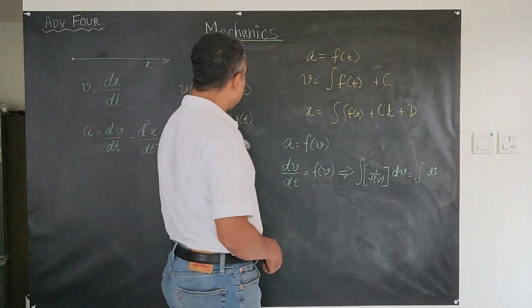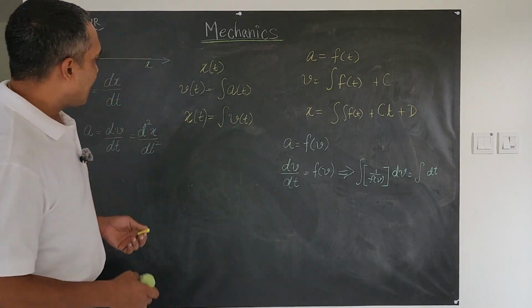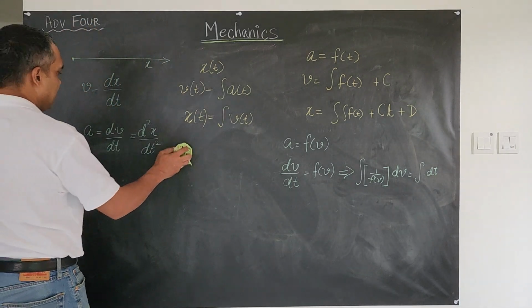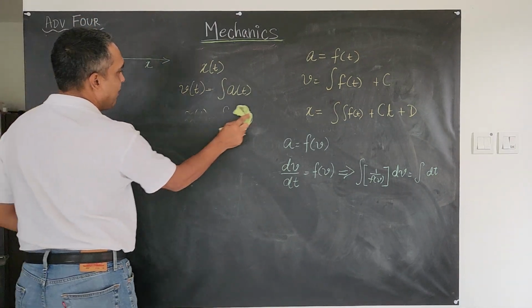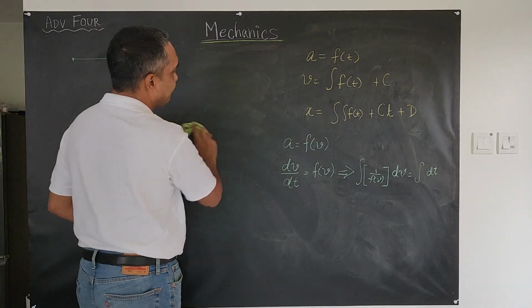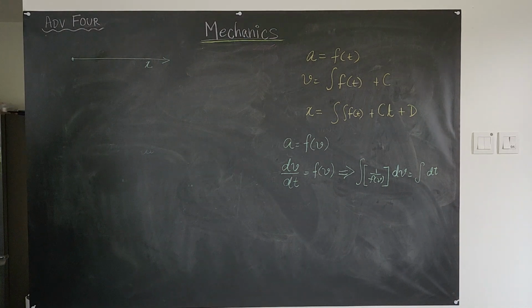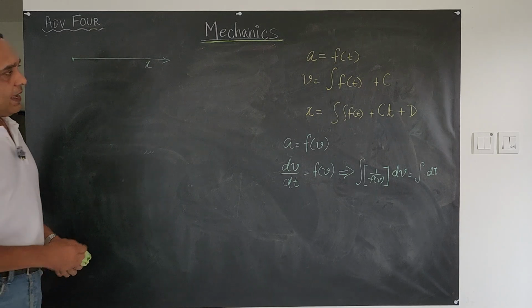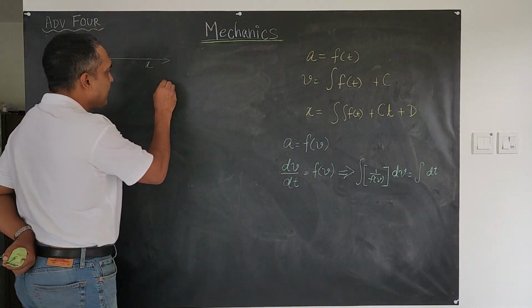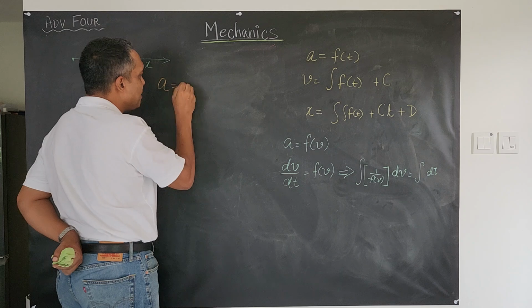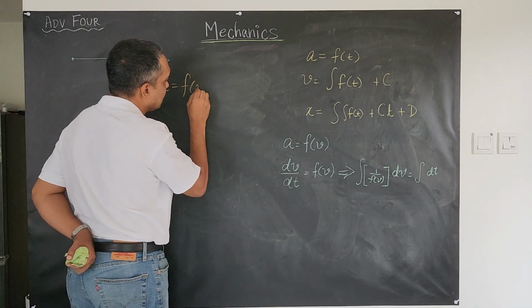Now, I'll take a third case. Let me remove all the easy stuff that you know out of here, right? Let me take a third case, and for the third case, let's say I use an orange color, and say, I have a third case where I give you acceleration, but as a function of displacement.